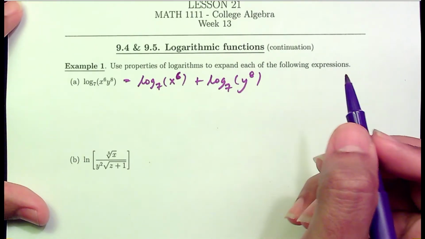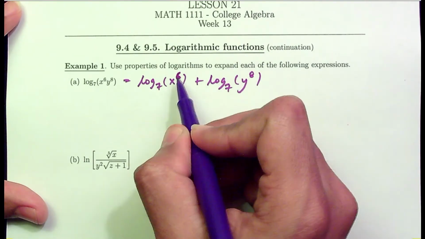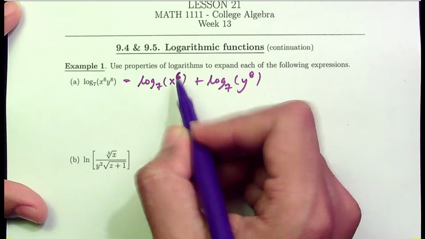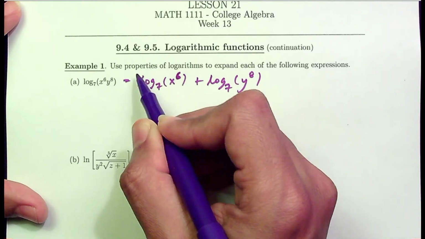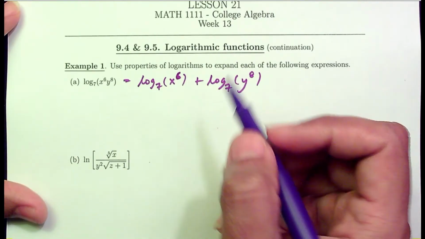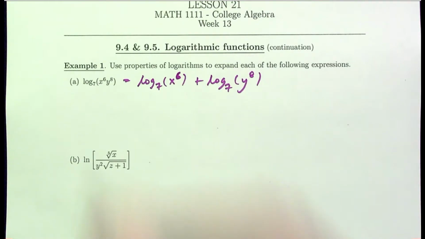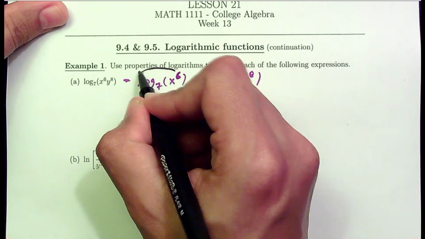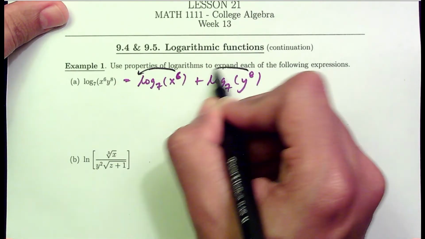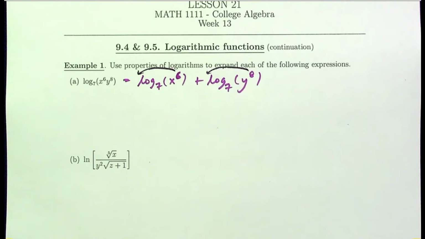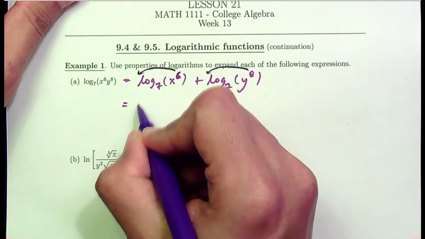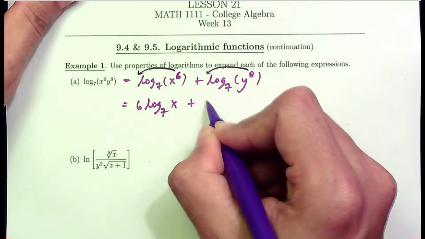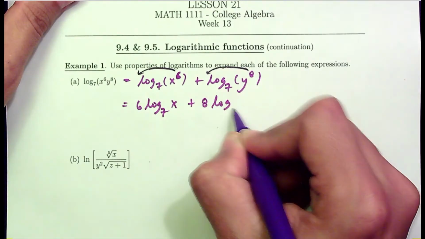Then we can apply the property that says that if I have a power inside a logarithm, like x to the 6th, you can bring that exponent all the way to the front. So I'm going to move that 6 to the front, and this 8 as well. So this becomes 6 logarithm base 7 of x plus 8 logarithm base 7 of y.